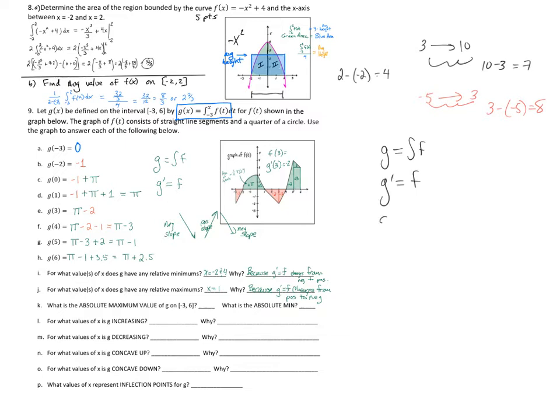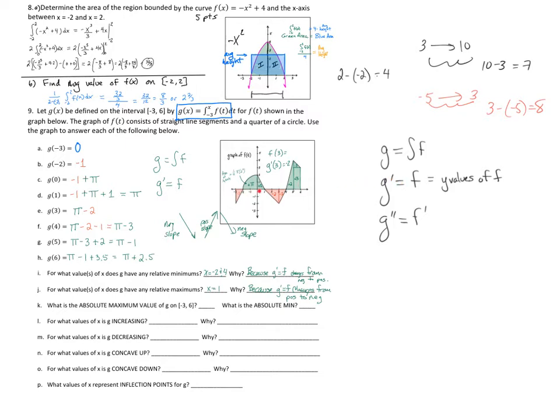And if we need it, information about the second derivative of g would be given by the first derivative of f. So these are like the y values of f. So if I ever need a slope of g, if I need the slope of g prime, I just look at the y values of f. So in class, I said, what would g prime of 3 be? If I knew what the function g looked like, what would its slope be at x equals 3?